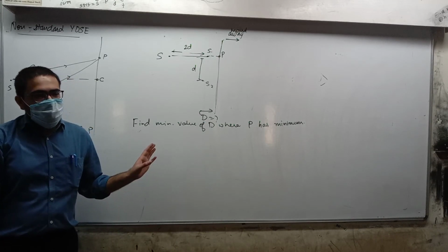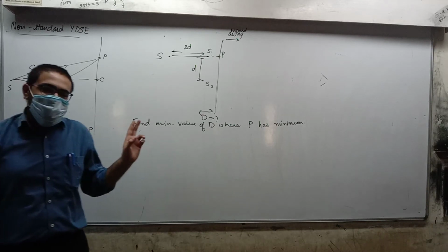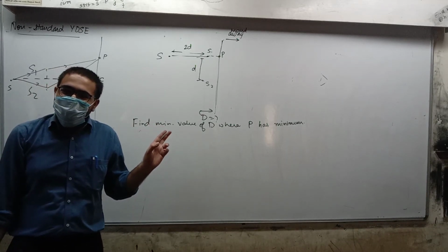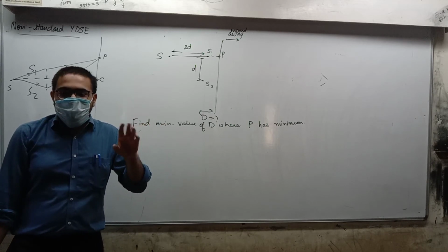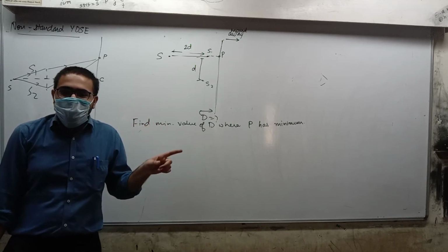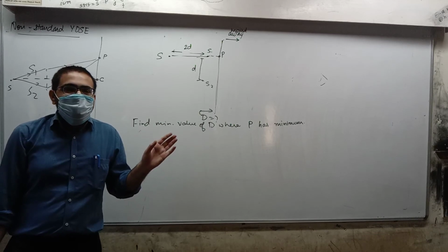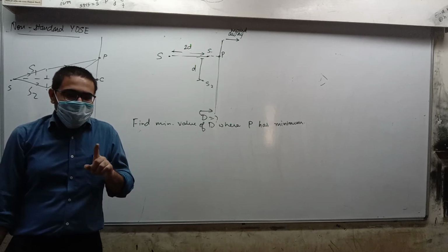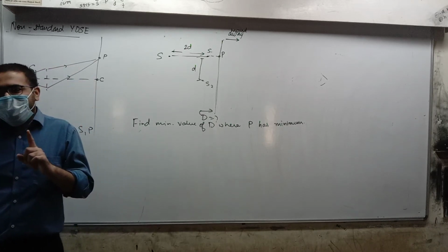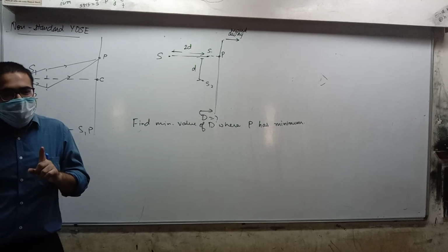Understood? When does the minimum come? What is the condition for minimum in interference? There are two ways. One, path difference should be equal to what? I gave you the list for this very reason, so that you read it and come.